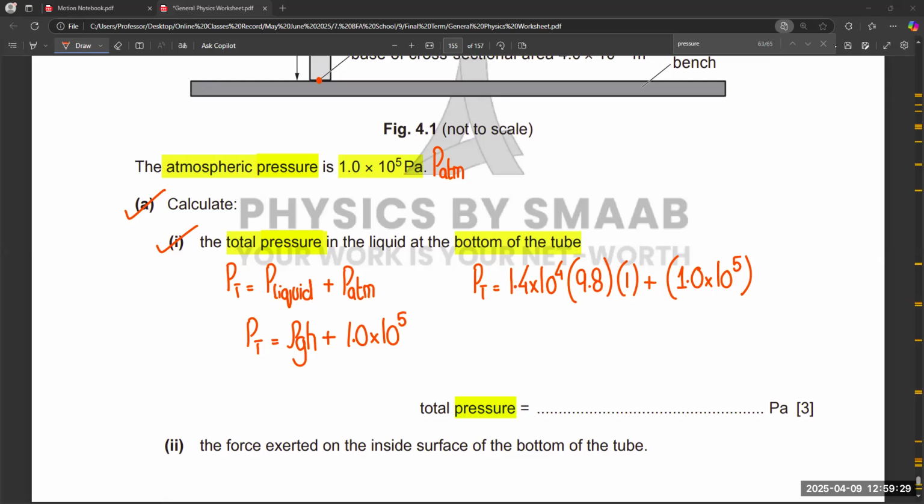Sir, this P with the T represents? That is total pressure. Oh, okay. So first of all, we have to multiply all three quantities, 1.4 × 10^4 multiplied by 9.8 multiplied by 1.